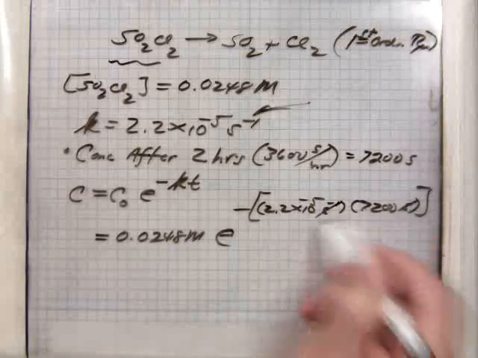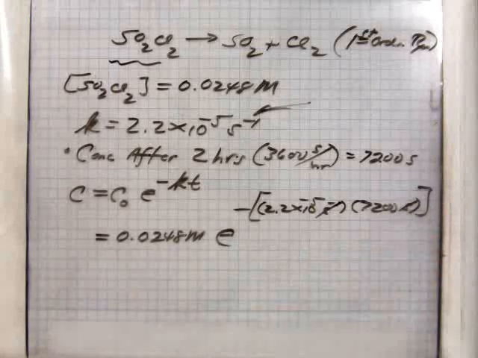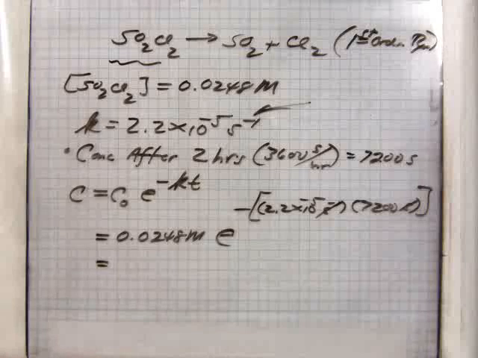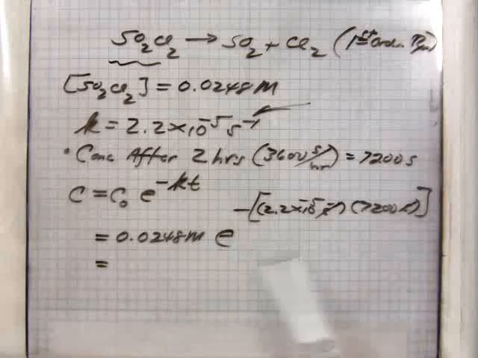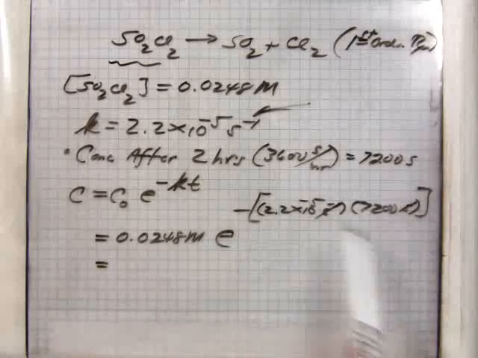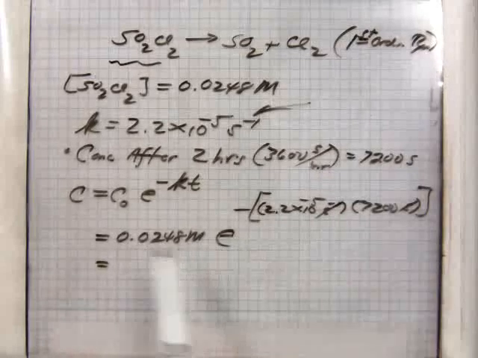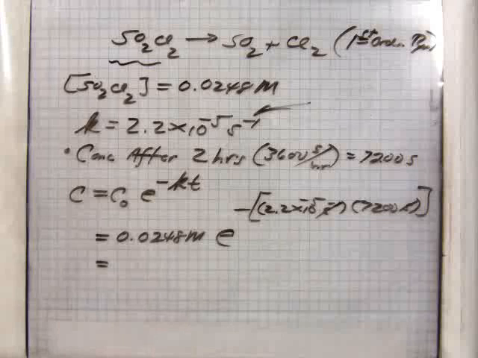Seconds will cancel out because that's a reciprocal. And so you have all of the needed terms in there. This is the decay term over here, and it's going to adjust the original concentration. So this is a fraction that's going to turn that one into a smaller number.